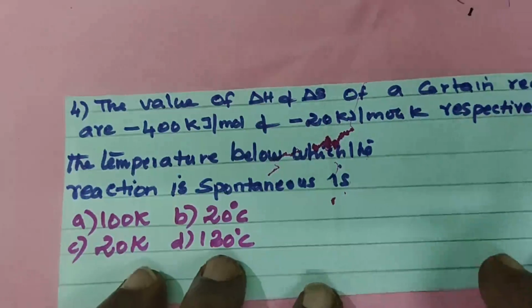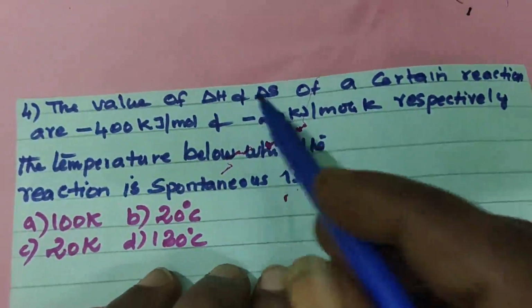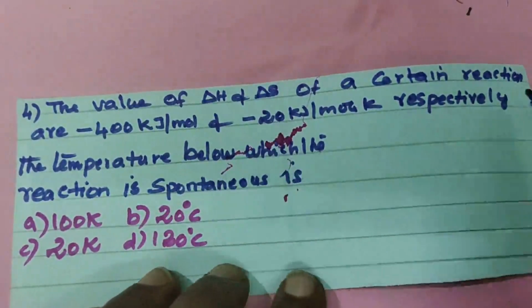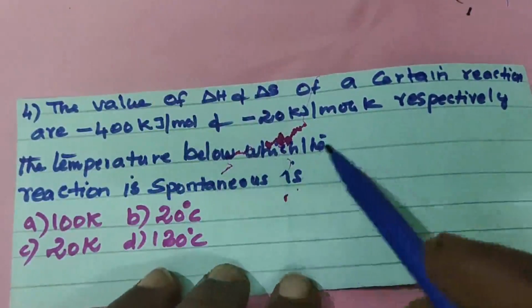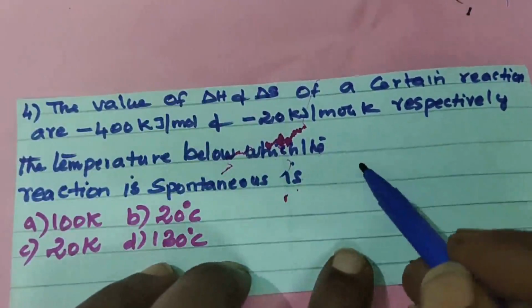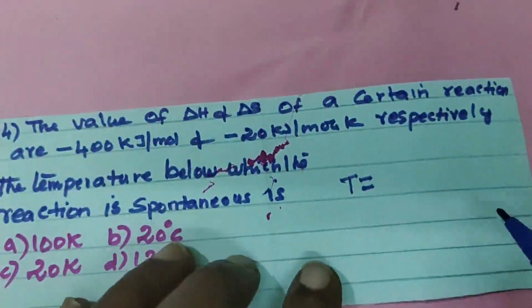So this problem is the same as the previous one. Here the values of delta H and delta S are given, both in kilojoule respectively. The temperature below which the reaction is spontaneous: here also T is equal to delta H by delta S, just like the previous one.